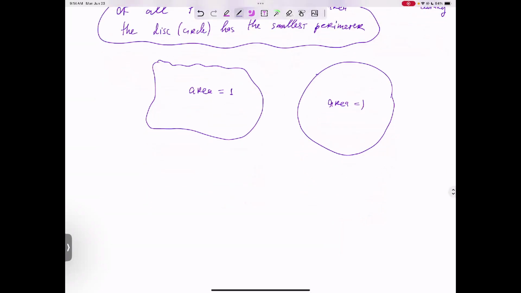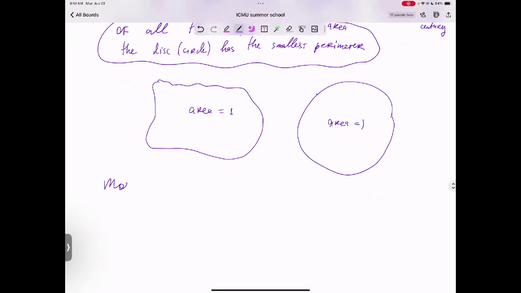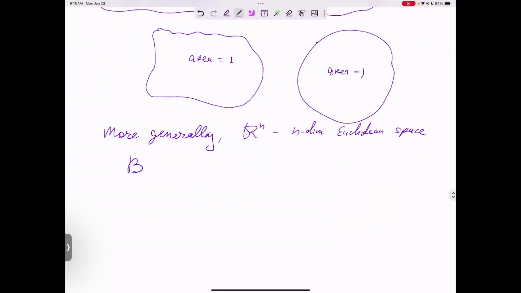More generally, the same thing is true in high dimensions. Let's consider R^n, an n-dimensional Euclidean space. And in R^n, we will consider a unit ball, the n-dimensional ball.